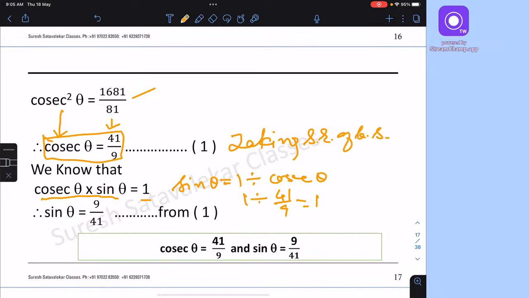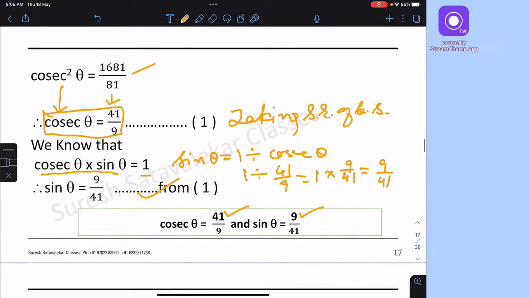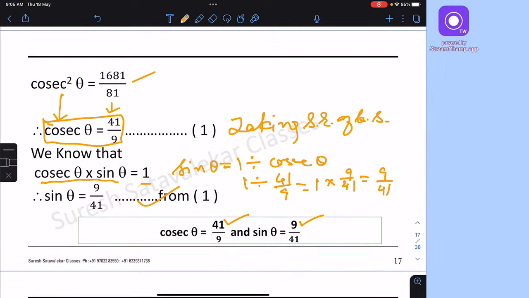Divide means multiply by the reciprocal. So it comes out to be 9 upon 41. So cosec theta is 41 upon 9 and sine theta is 9 upon 41. That is how both the ratios we have found out. Given one ratio, we have found out two more ratios.